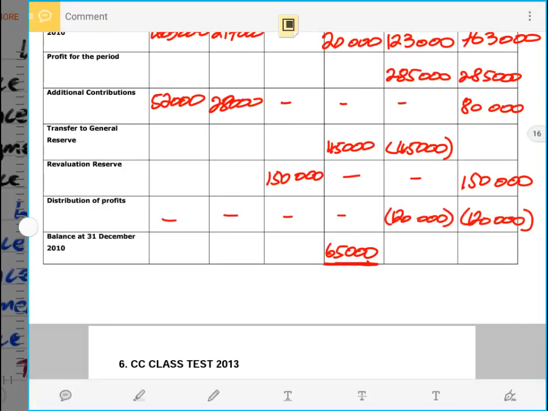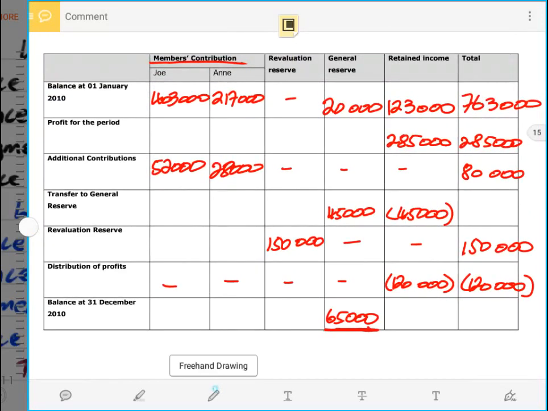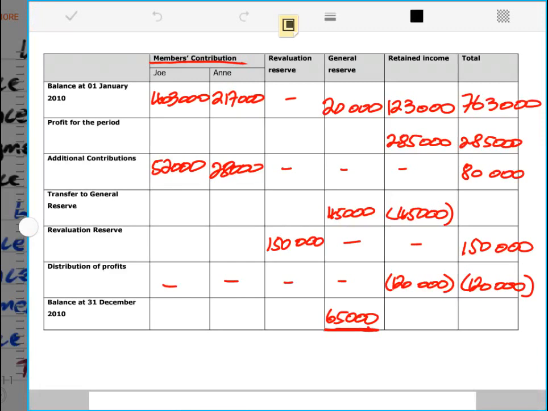Then after we have recorded all the entries that are required in the statement of changes in equity, we can then record the totals. If you say 403,000 plus 52,000, that should give you 455,000 rands, and 217,000 plus 28,000 will be 245,000 rands.